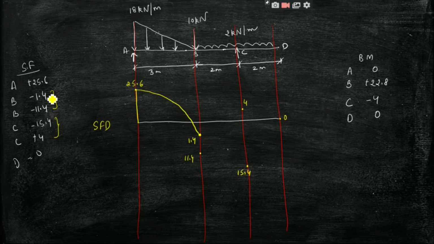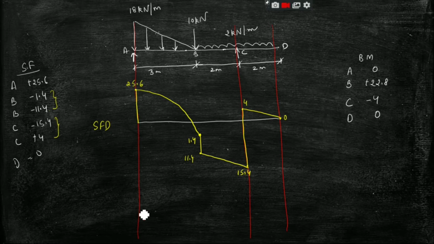Then from minus 1.4 the shear force goes to minus 11.4. Then at point C it goes to minus 15.4, and between B and C we have UDL, therefore we will join with an inclined line. Then from minus 15.4 it goes to positive 4, then it goes to 0, and again an inclined line due to UDL load. So this will be the shear force diagram.